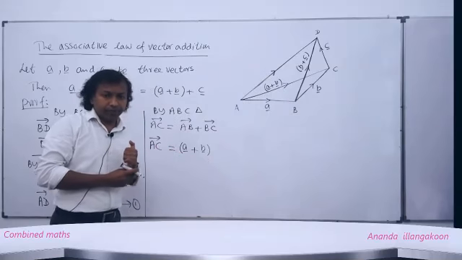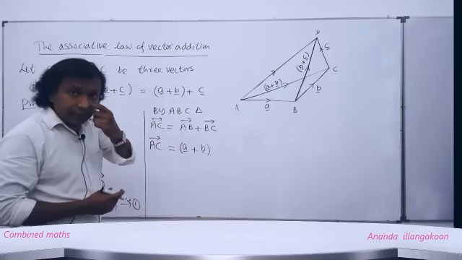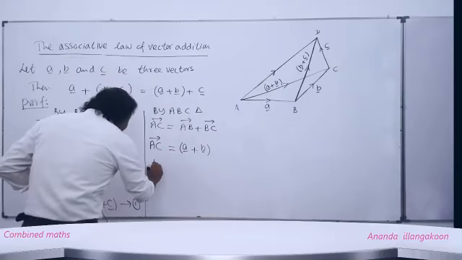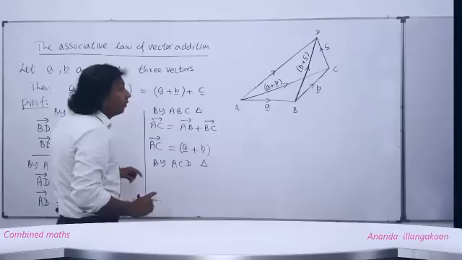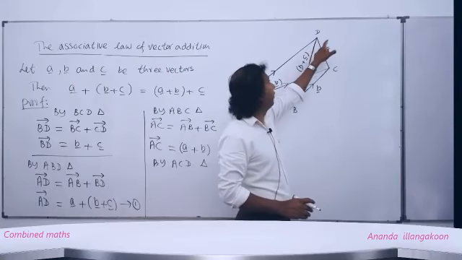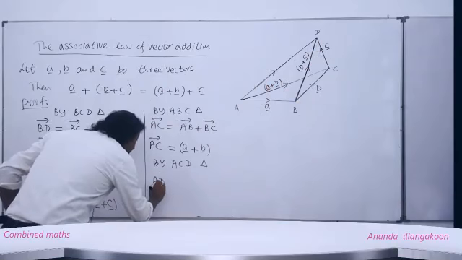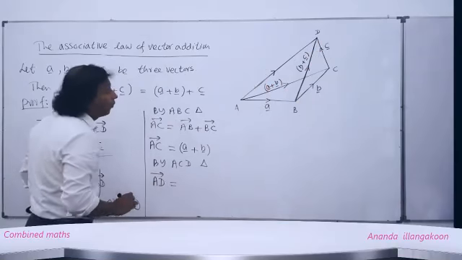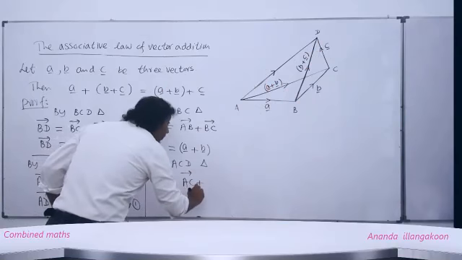Okay, right. Now you can write, people, by the ACD triangle. ACD triangle is this. AD vector is therefore AC vector plus CD vector.